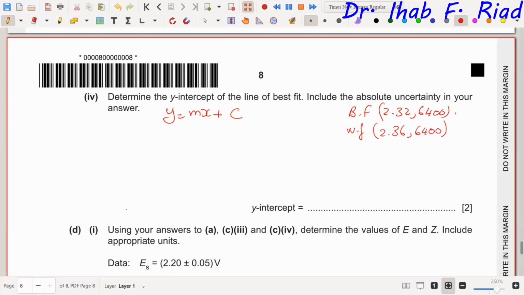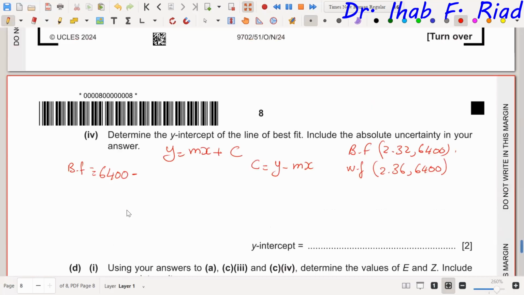Those are the 2 values I got. Now we substitute. Can you help me with the gradient of the best fit? Yes, so c is equal to y minus mx, right? Yes. Okay, now help me. So 6400 minus the gradient of the best fit.